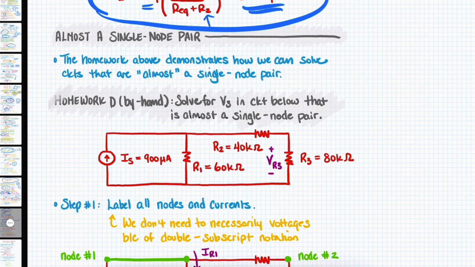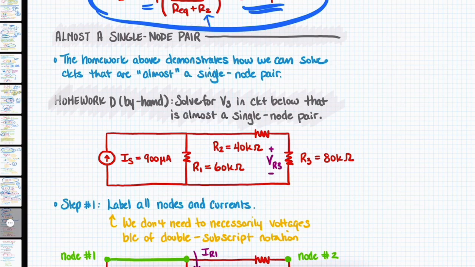Okay, almost a single node pair. Pretty much the same thing as what we talked about for almost a single loop. I don't really spend that much time explaining it, but it's a pretty similar process. We look for circuits that resemble single node pairs and that we feel like we can use relatively low effort simplifications to make into a single node pair.